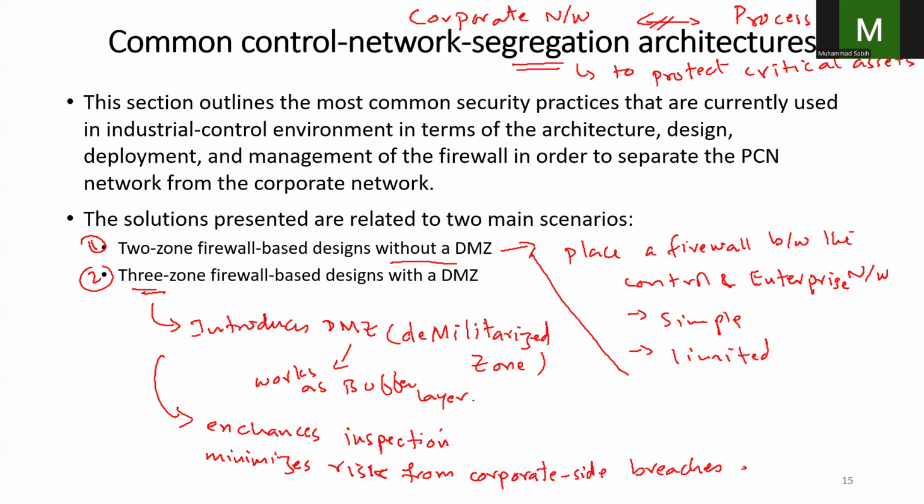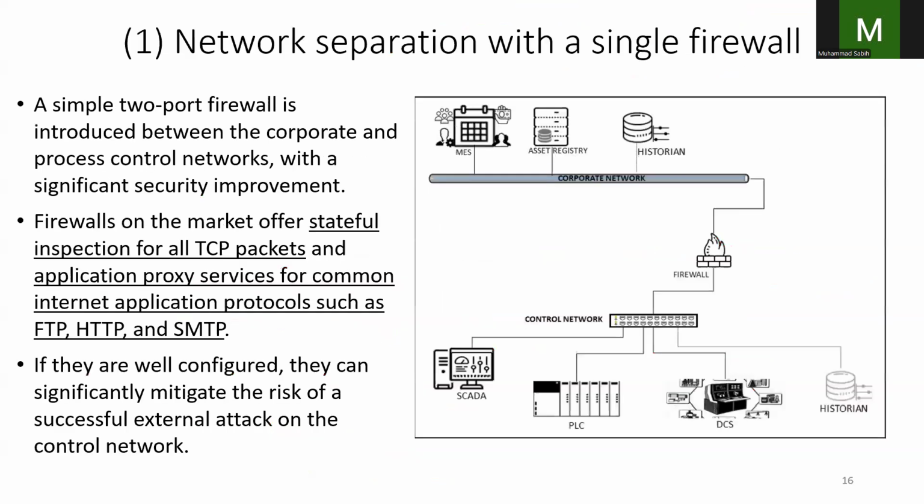Okay, so let's move on and discuss this now. This is the most basic form of network segregation, using a single firewall between the corporate network and the control network.